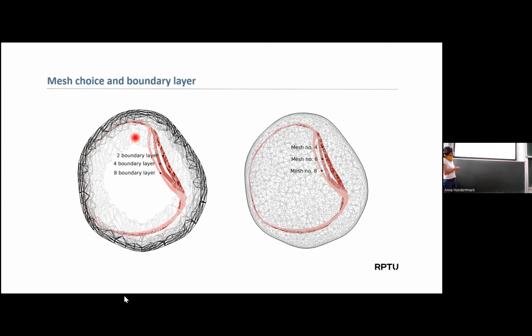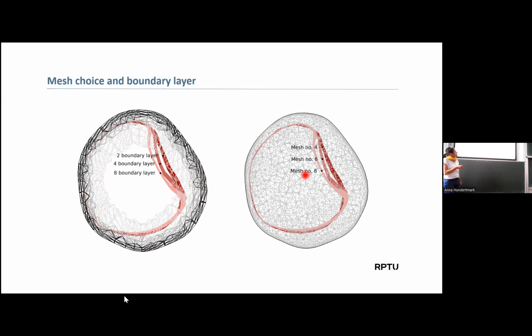But in this case, we took more boundary layers, and you see this isoline of the value of 60% of the maximal velocity. If we increase the boundary layer number, the velocity profile changes.